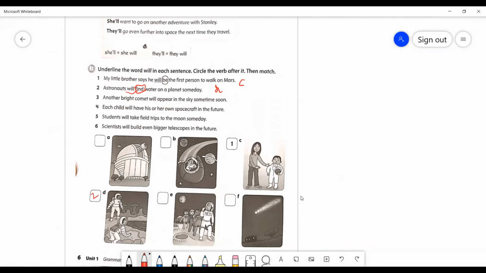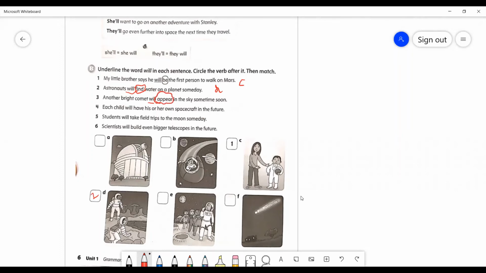So number 3, another bright comet will appear in the sky sometime soon. We will underline will and circle the verb. And verb in this sentence is appear.